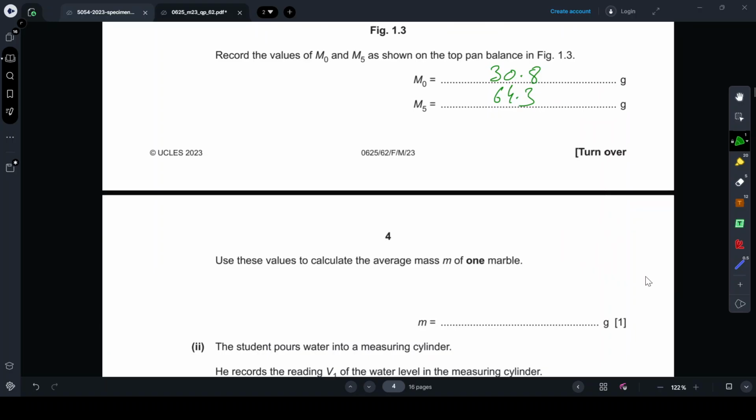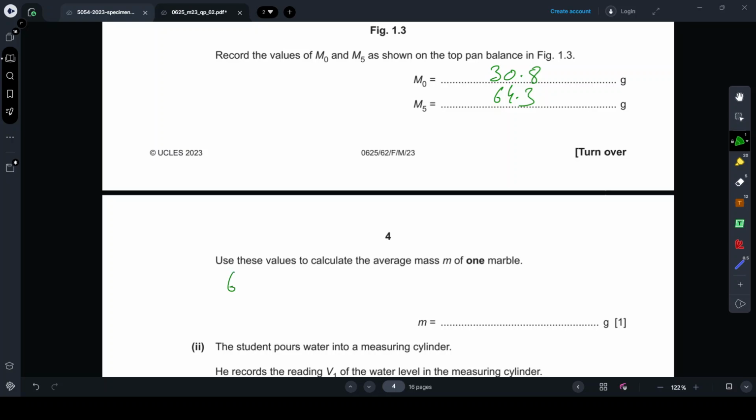mass of one marble. So first of all, what are we going to do? You need to find the average mass of one marble, right? We've got to first find what the mass of the 5 marbles are. We're going to take the difference, right?